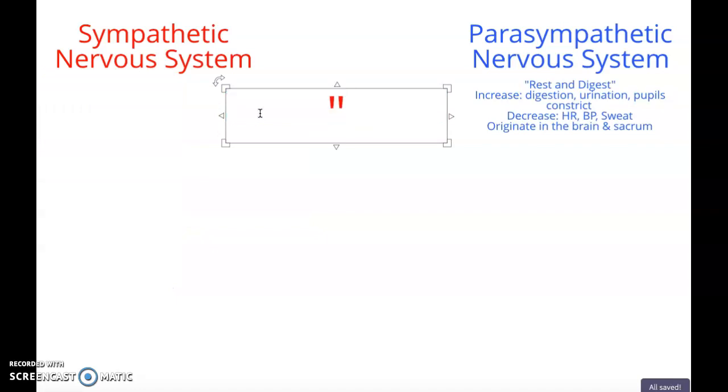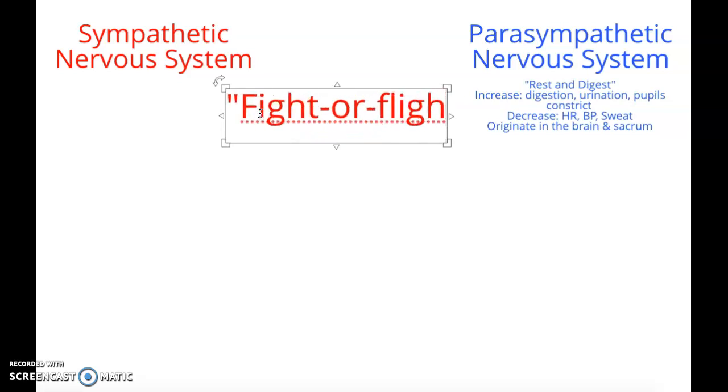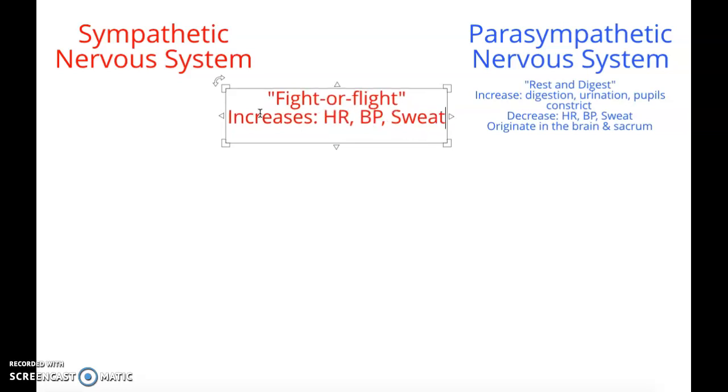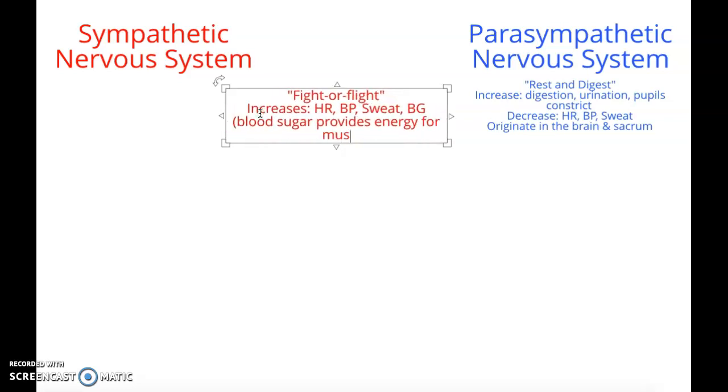The sympathetic nervous system is called the fight or flight. This system increases heart rate, blood pressure, sweat, and blood glucose. We need blood glucose, blood sugar, because it provides energy for muscles.